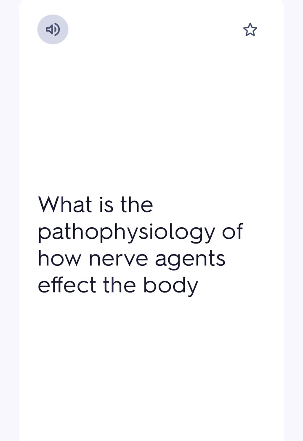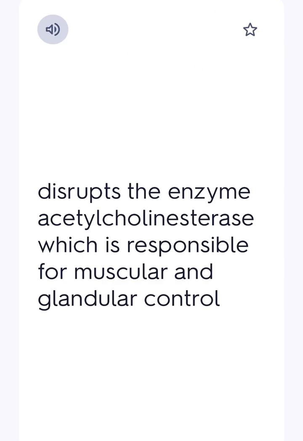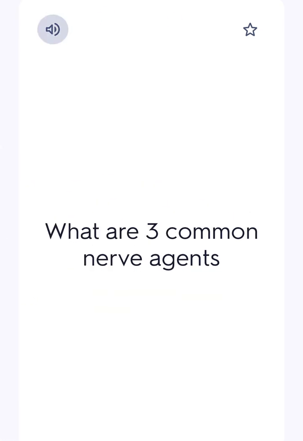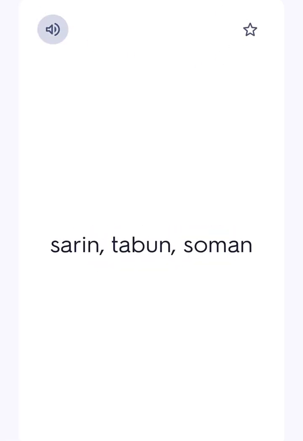What is the pathophysiology of how nerve agents affect the body? Disrupts the enzyme acetylcholinesterase which is responsible for muscular and glandular control. What are 3 common nerve agents? Sarin, tabun, soman.